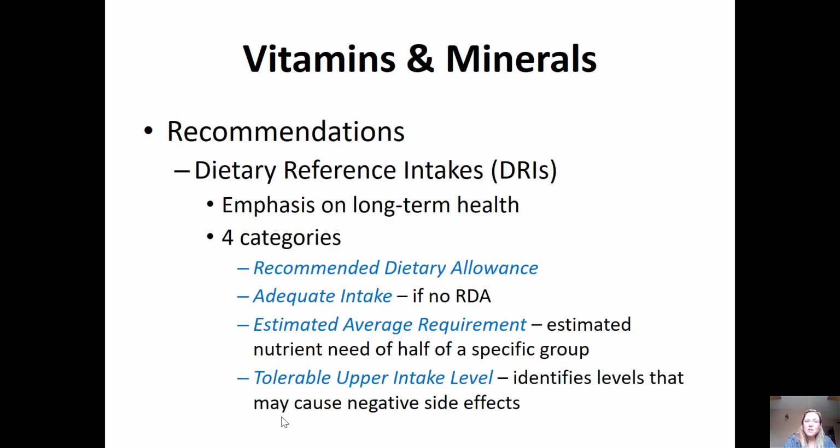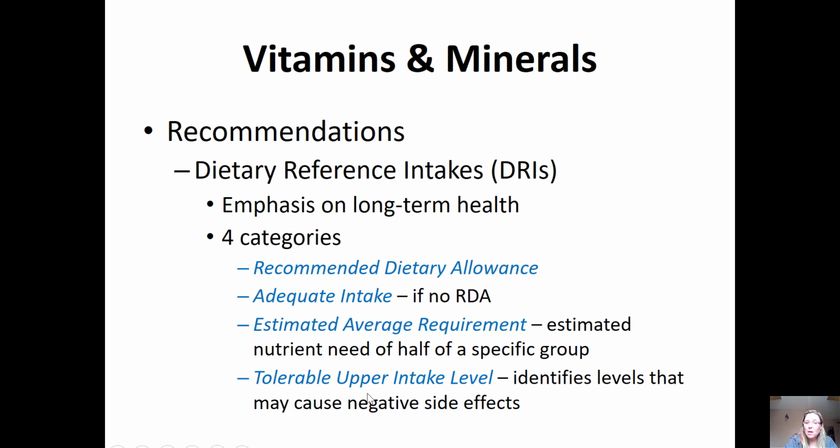So as far as our vitamins go, making sure that we're meeting that recommended dietary allowance. Some vitamins will list just an AI, an adequate intake, only if there is no RDA listed. So you might see an AI instead of an RDA for different vitamins.